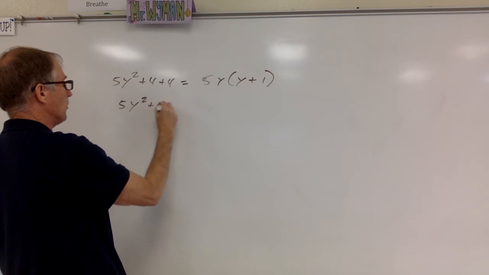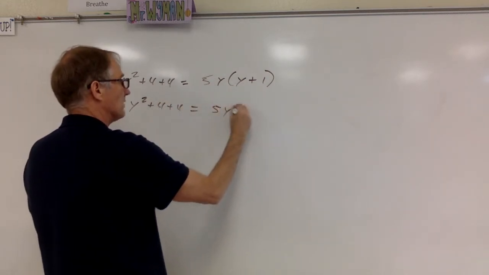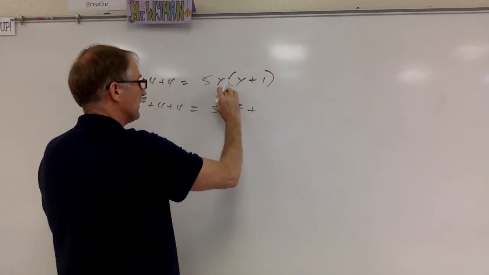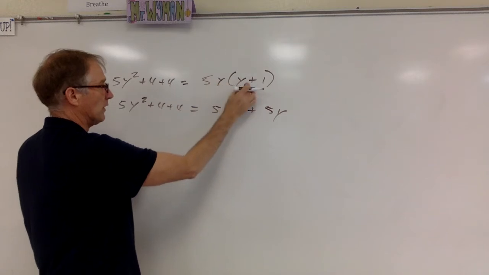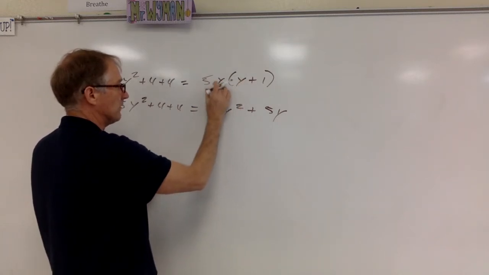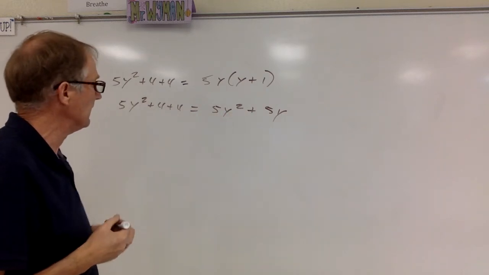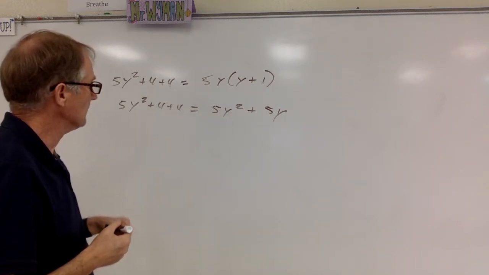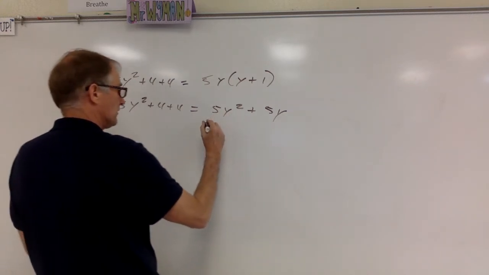5y squared plus 4y plus 4 equals, let's multiply this out. I just distributed 5y here. 5y times y is 5y squared. 5y times 1 is 5y. And now I'm going to subtract this to the other side and see how we do here.